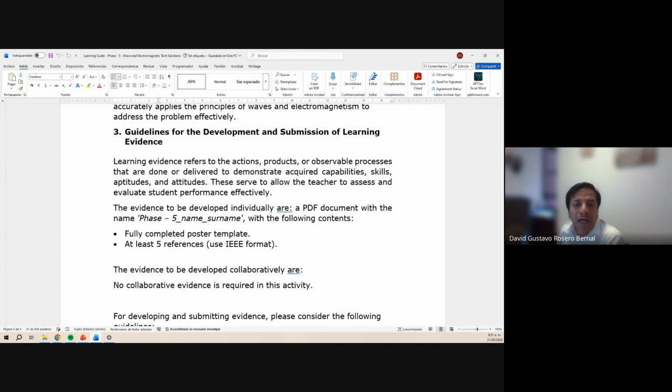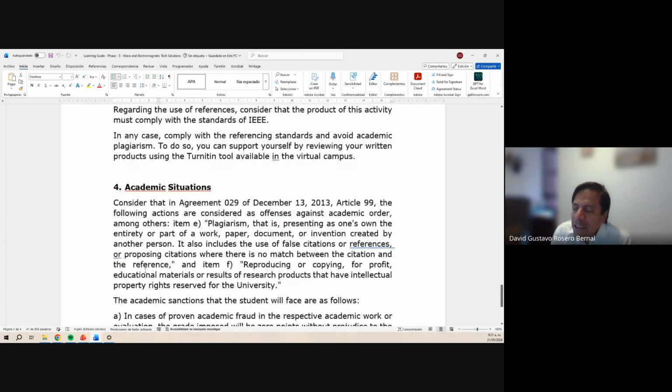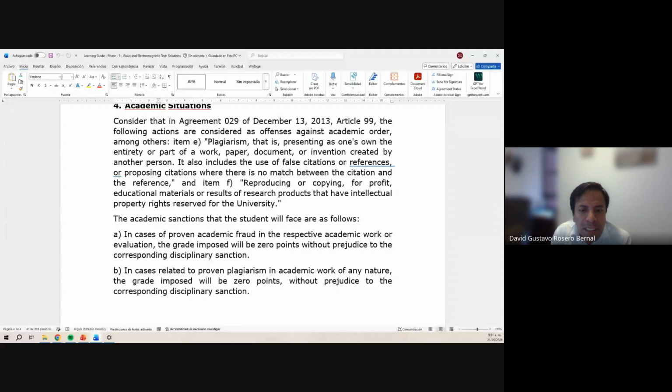For phase number 5, the references must be in IEEE format. That means numbered references in square brackets, like [1], [2], with the specific IEEE citation style. And obviously, the academic situation that I'm considering within the guide.